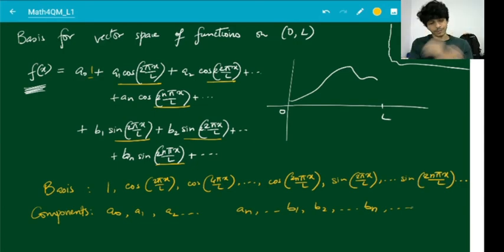So far, when you're doing the column notation, you always think of it as having finite dimension, but that's not necessarily the case. A vector space can also be infinite dimensional, such as the set of these functions on 0, L that we're talking about.